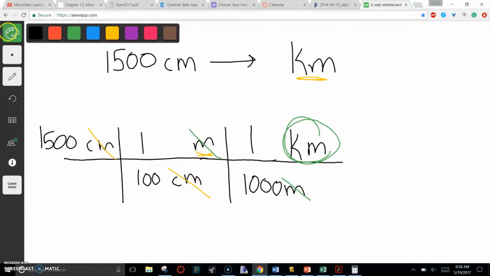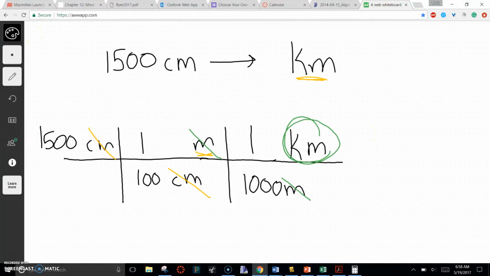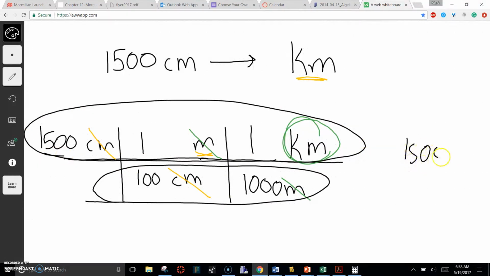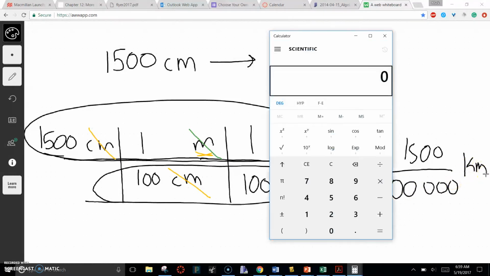So at this point, again, you multiply the top, and we multiply the bottoms, and that's going to help me figure out my unit. So I would have 1,500 over, well, 100 times 1,000 should give me 100,000. And this is kms.